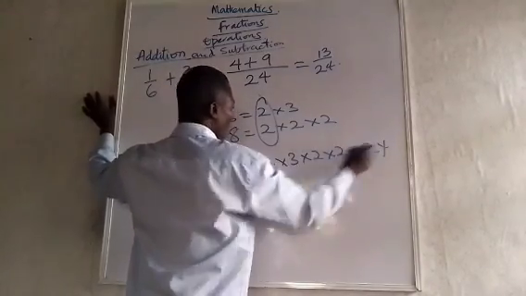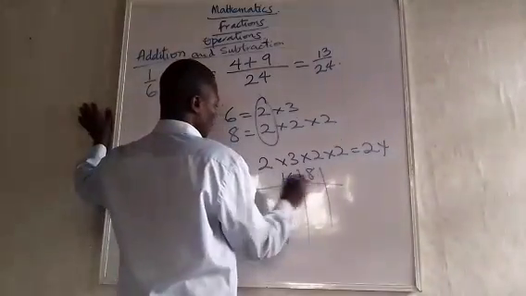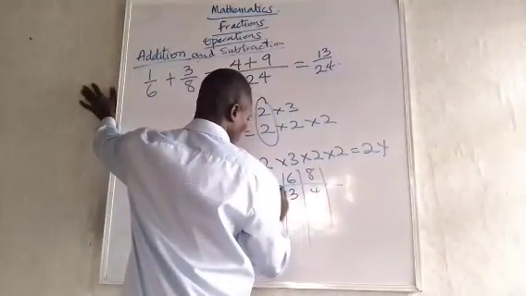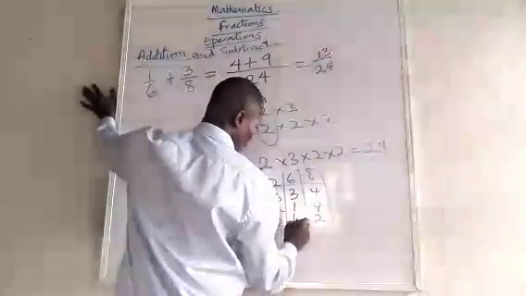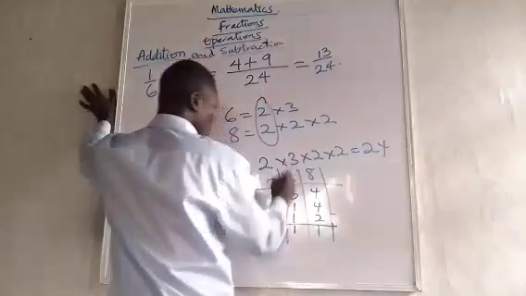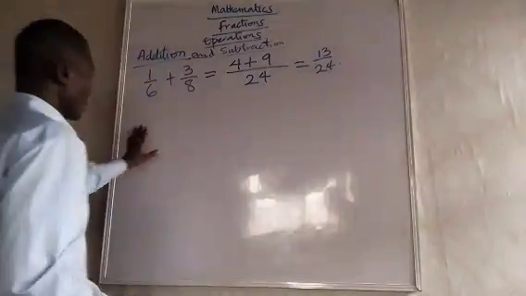That's 24. Or you can do the breaking down using this: 2 here is 3, 4. 3 here is 1, 4. 2 here. So the LCM is 2 times 2 times 2 times 3, just like this case. You have gotten the LCM. Very sweet.